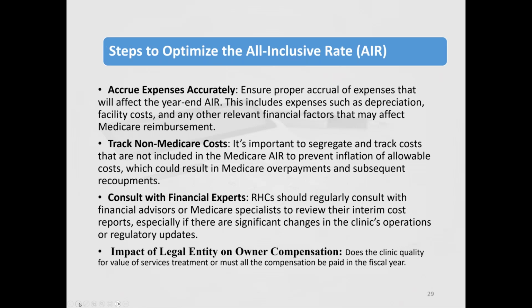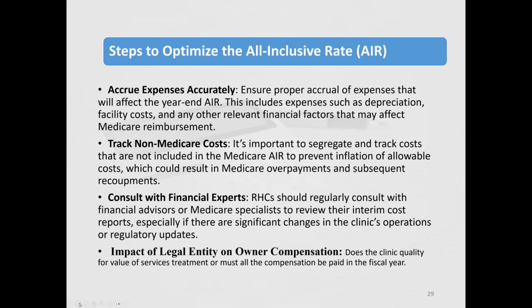As a rural health clinic, under Medicare, you are required to have accrual basis accounting, which I know a lot of you guys are small clinics, and you're not accountants, and it's hard to do, but you have to have the proper matching of expenses to the period that they're incurred. They may not necessarily be paid. You can actually accrue the expense for the year it's incurred, and then if you follow the proper Medicare rules, you can claim it on that cost report.